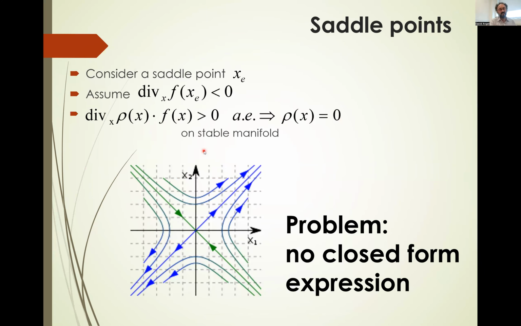And there are other problems that come up with designing density functions. Finding density functions is not easy at all. And whenever you've got unstable saddle points, it turns out that there are very precise conditions that need to be fulfilled. So in particular, the density function needs to be identically zero on the stable manifold to fulfill such a condition.